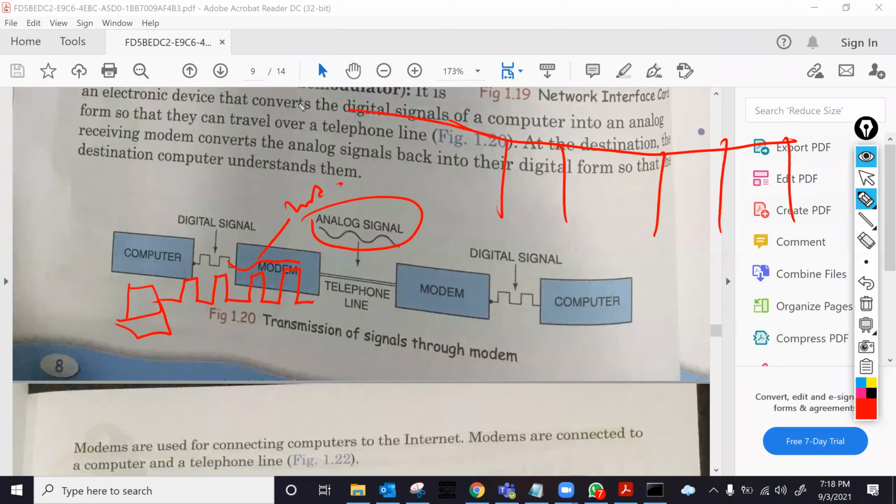The normal landline, right? That's why this symbol looks like a wave, and this is the digital signal.